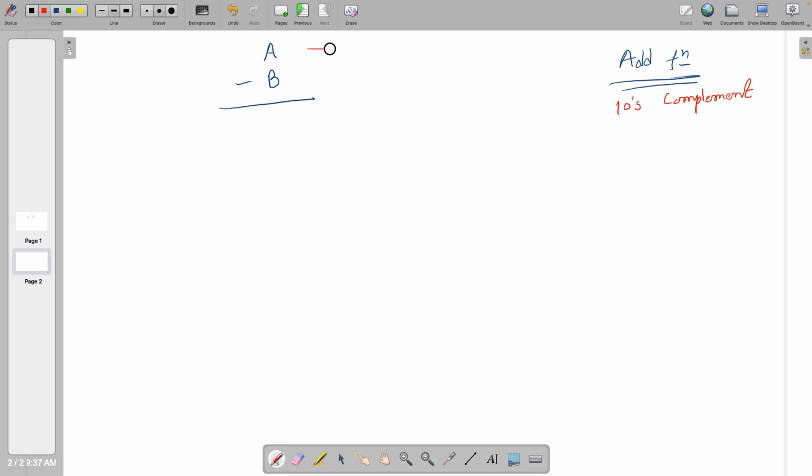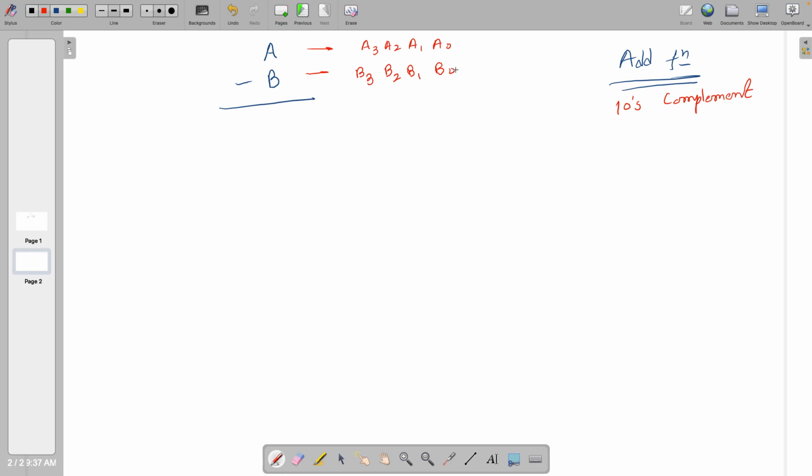So for better understanding in this particular session, I am going to use 4-bit numbers A3, A2, A1, A0 and B3, B2, B1, B0. These two are 4-bit numbers where 3 is the MSB and 0 is the LSB for both cases.